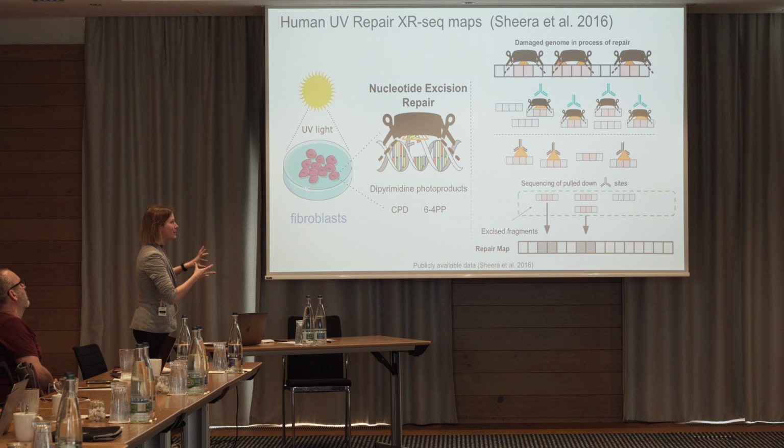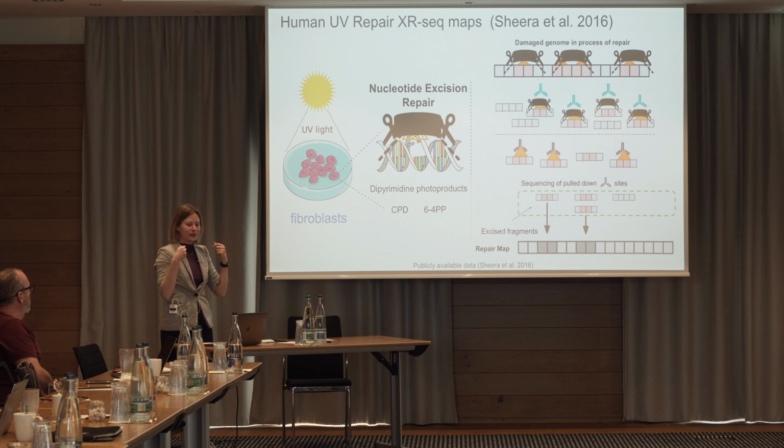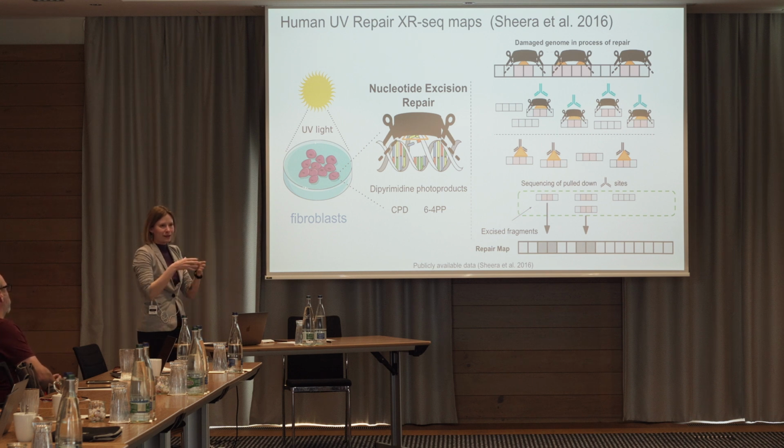So again, I will not go into depth, but they pull down fragments, also in some way trying to take the fragments from the excision machinery itself, and then they get places of the dipyrimidines that most probably were being excised by the machinery.